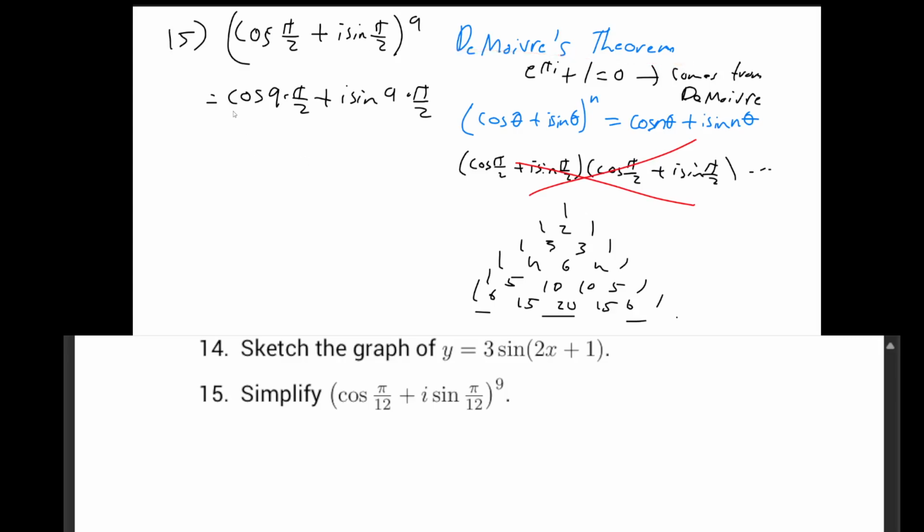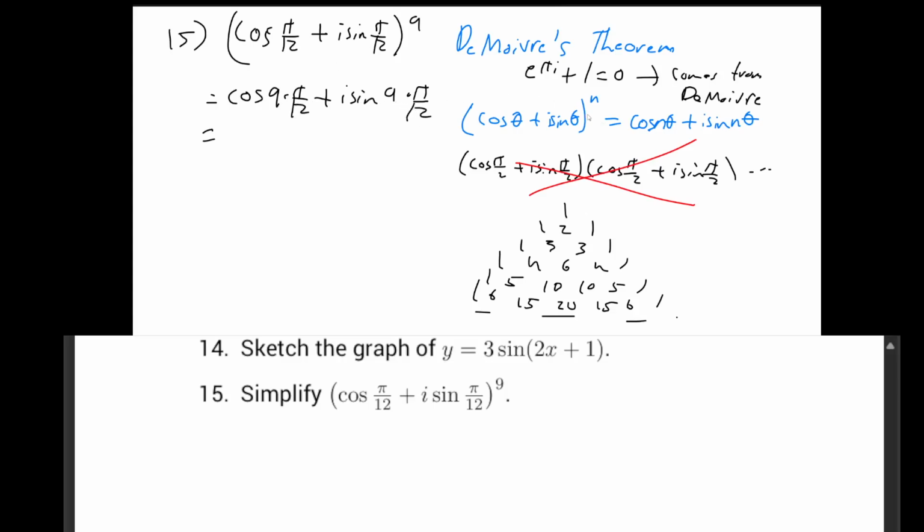I just got this. This is the same as this. Isn't that crazy? Cosine of pi over 2 plus i sine of pi over 2 to the 9th power is just cosine of 9 times pi over 2 plus i sine of 9 times pi over 2. Is that crazy? I think so. So then this will just be, wait, this is pi over 12. Sorry, pi over 12. Should get my math right.